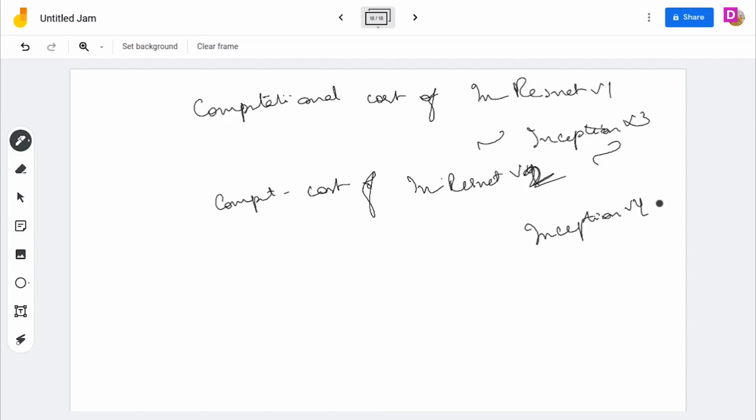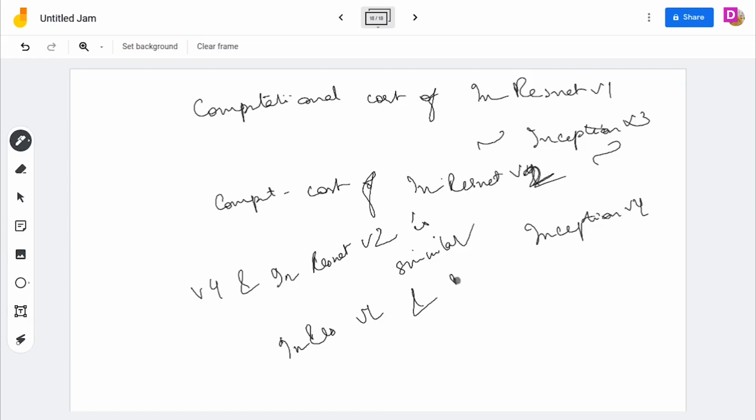So this is one thing. The stem of V4 and Inception ResNet V2 is similar. So Inception ResNet V1 and Inception ResNet V2 have different stems. So you need to understand one by one. This is the first point, this is my second, this is the third point, this is the fourth.